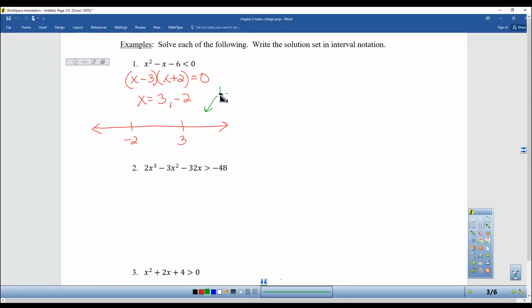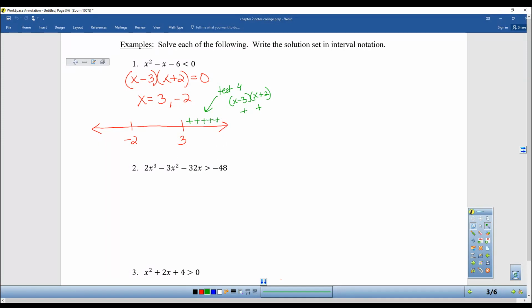So if I test 4, when I put a 4 in here, so you're testing it in the equation, put it in the factored one, not in the original. That's too hard. Because if you put it in here, I can say, well, 4 minus 3 is positive, and 4 plus 2 is positive. And a positive times a positive makes a positive.